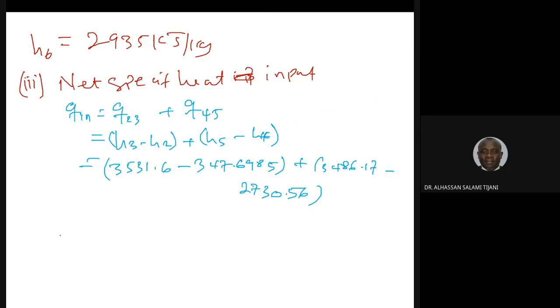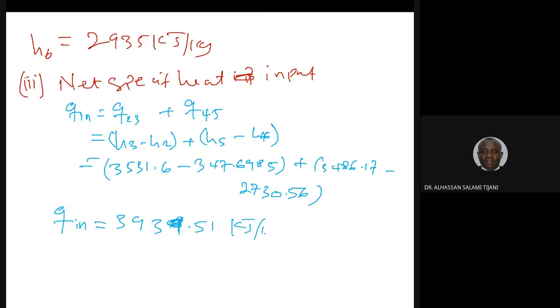So if you calculate carefully, Q in equals 3939.51 kilojoules per kilogram.